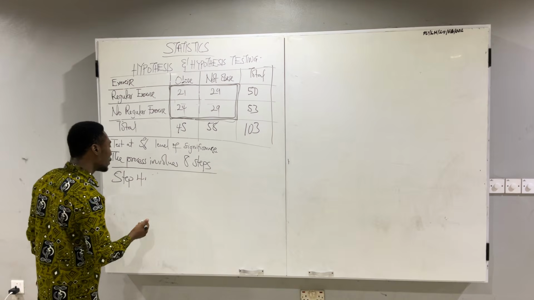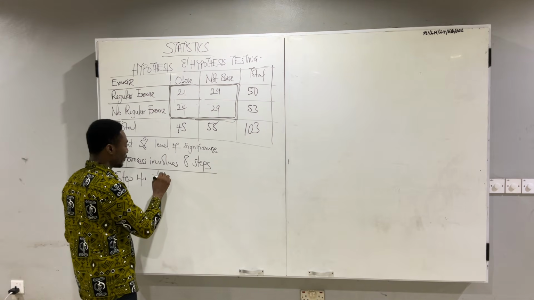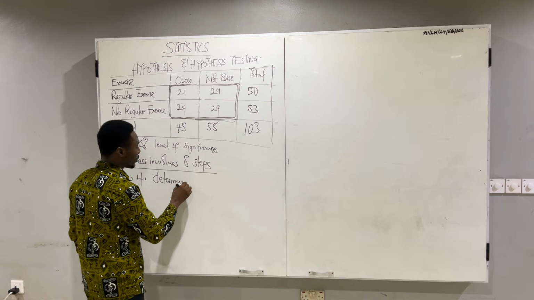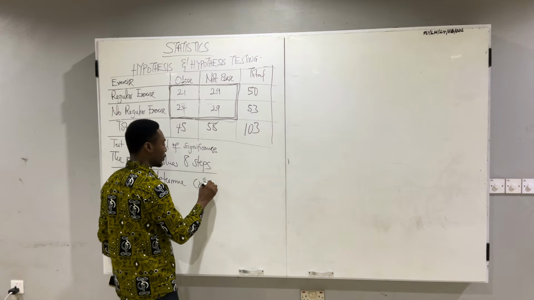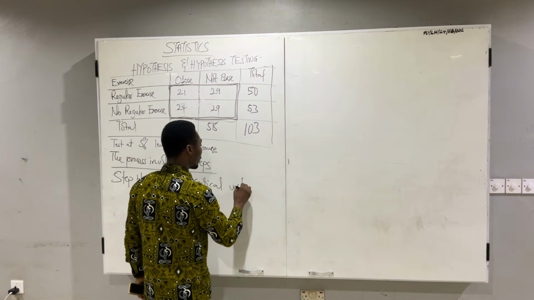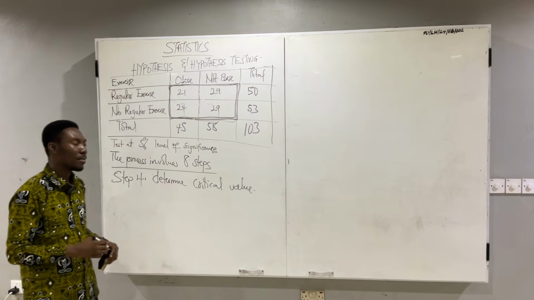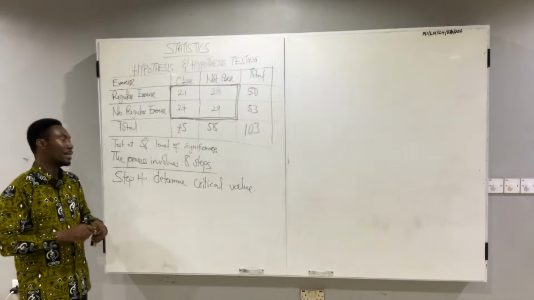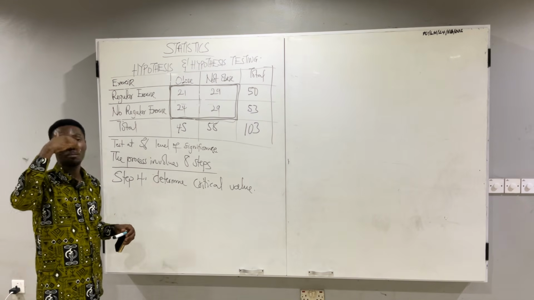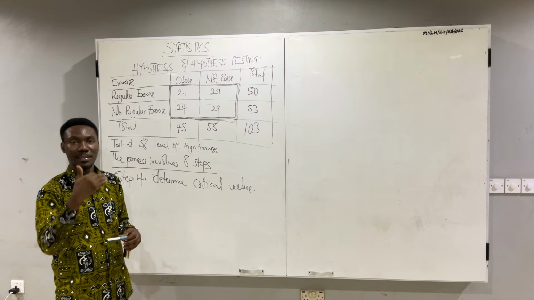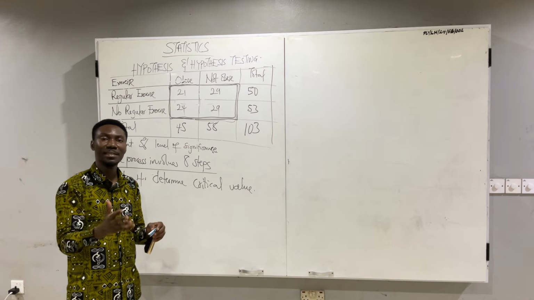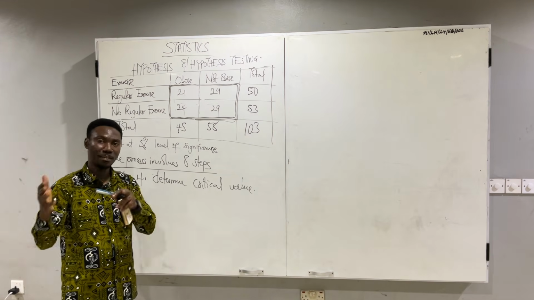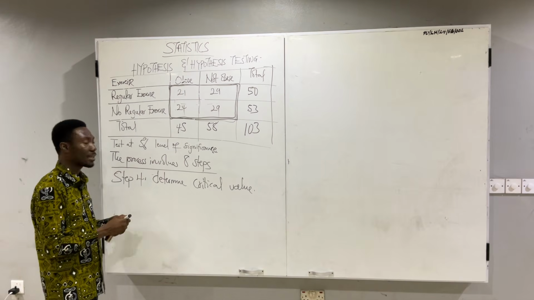Step 4, determine critical value. In step 4, you will need step 2 and step 3. Step 2 is where we determined the degree of freedom, and step 3 is where we determined the significance level.